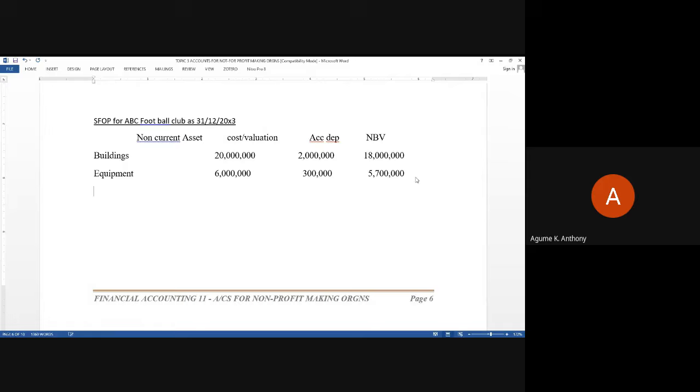Then I have development expenditure, at 2 million. There is accumulated depreciation of 200,000. Then my net book value is 1.8.